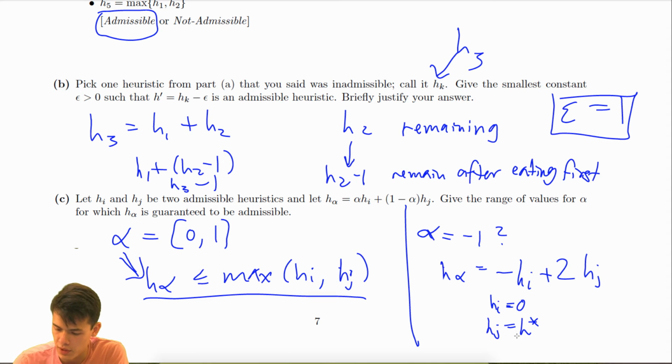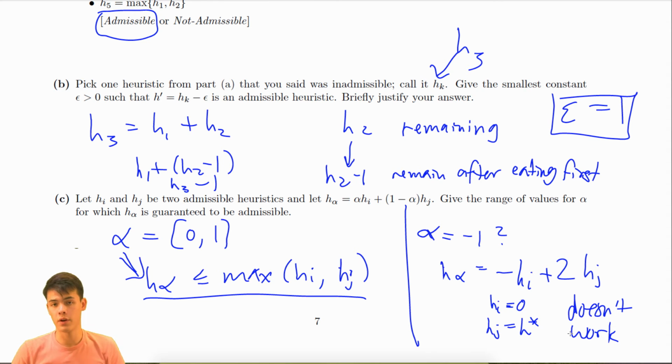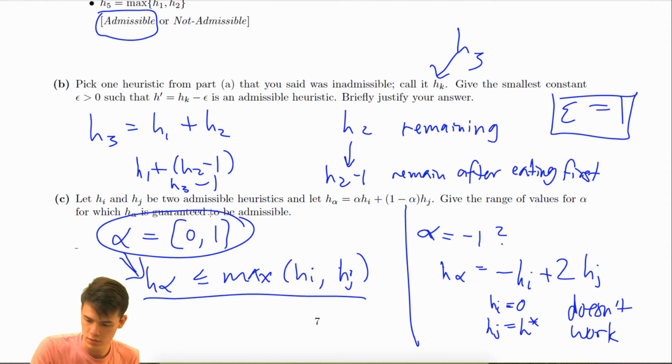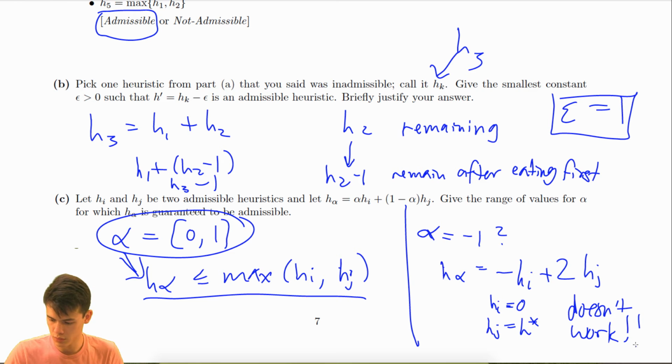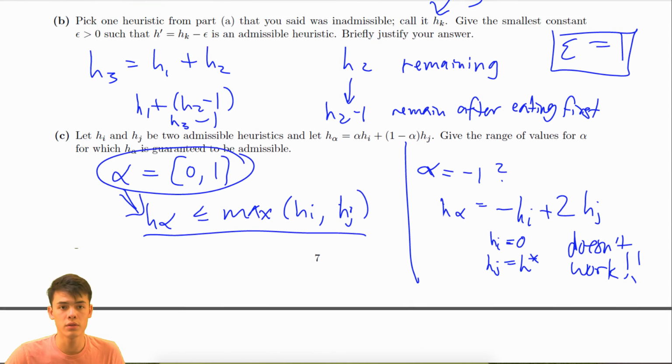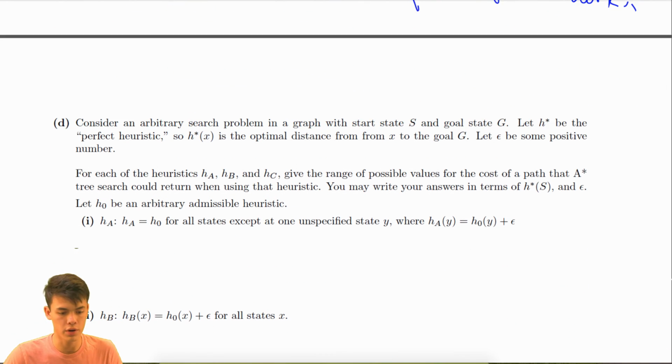But then we see that H alpha is just going to be 2 times the actual cost to go, which is clearly an overestimate. So it doesn't work. Likewise, if alpha is greater than 1, you'll have the same problem. So this is the correct answer. All right, so let's move on to part D.